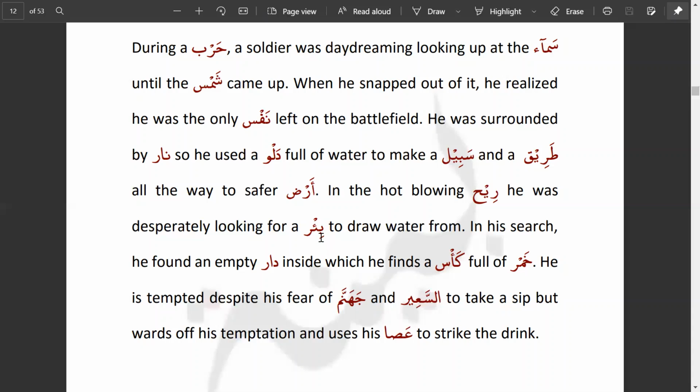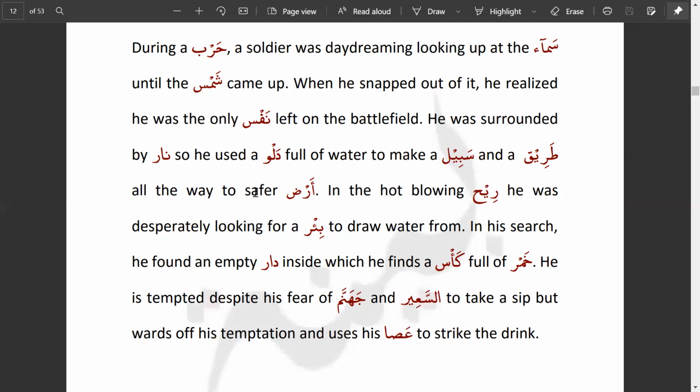Then we have bir, which is well, and dar, house. Kaas is bowl, and khamar is wine. Okay, wine. So these words are considered feminine because the Arabs said so.